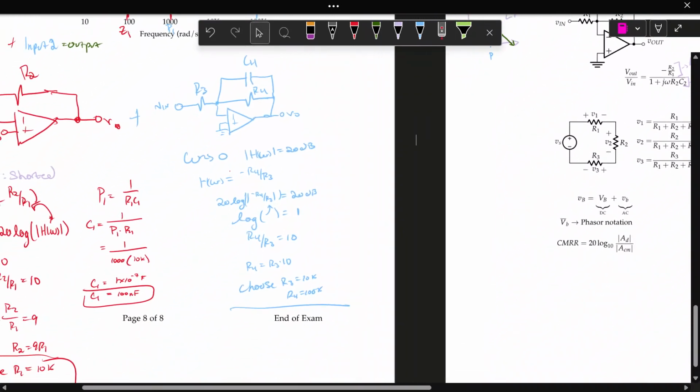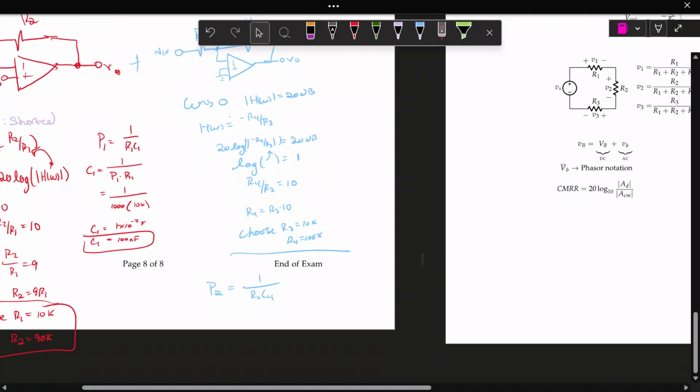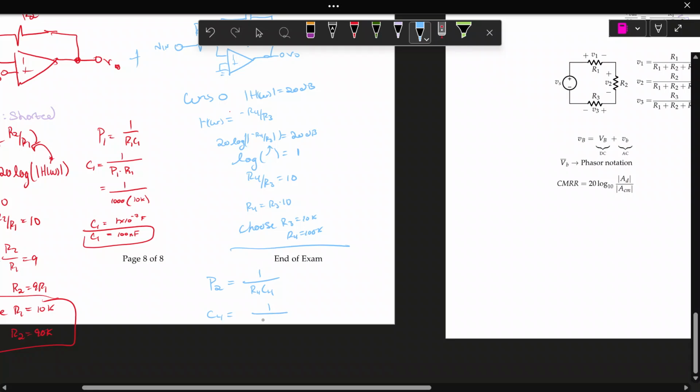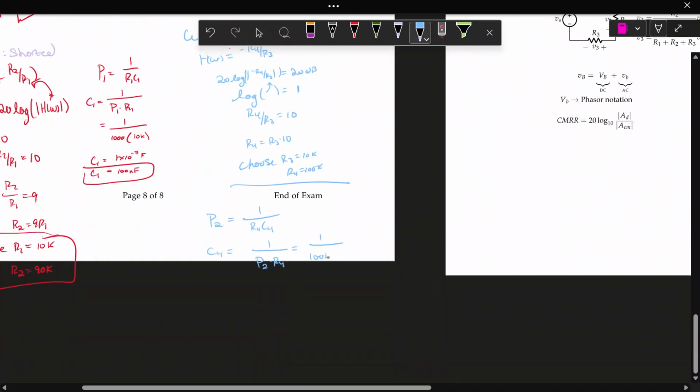Our pole for a low-pass filter is P2 is equal to 1 over R4C4. That means C4 is equal to 1 over P2 times R4. What is pole 2? Pole 2 is 100K, and R4 is 100K also. So C4 is, let's check, 1 over 100,000 squared. 1 times 10 to the negative 10 farads is equal to 0.1 nanofarads.